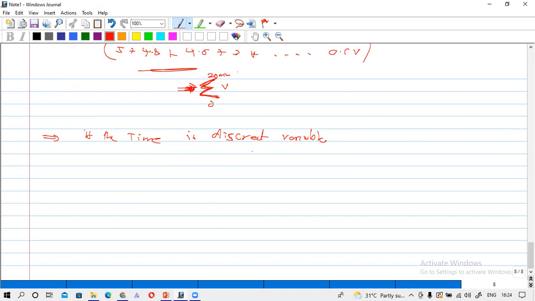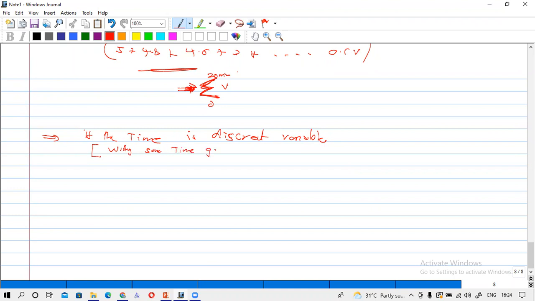If the time is a discrete variable, what does discrete variable mean?